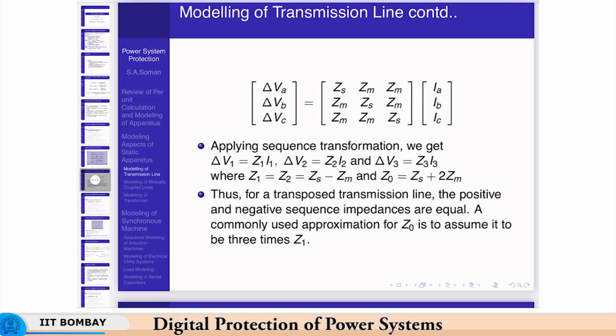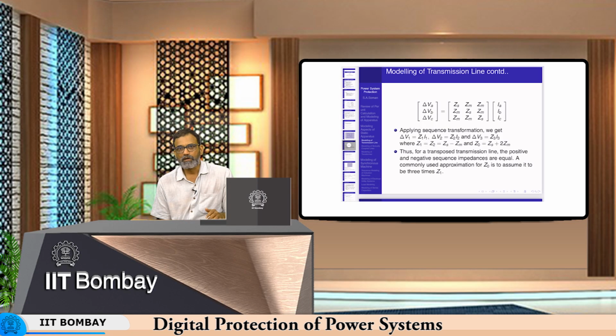So, the zero sequence impedance of the transmission line is not equal to the positive sequence impedance, and if you do not know the exact parameters, it is usually taken to be around 3 to 5 times or 3 to 6 times that of the positive sequence impedance.